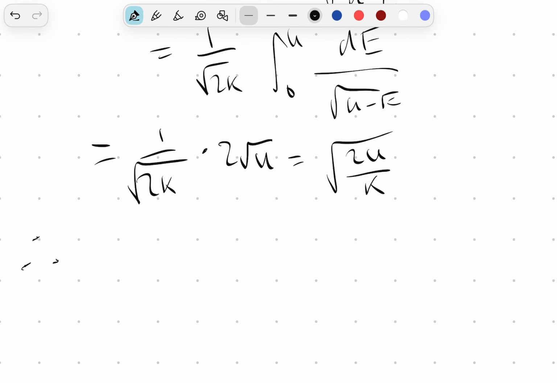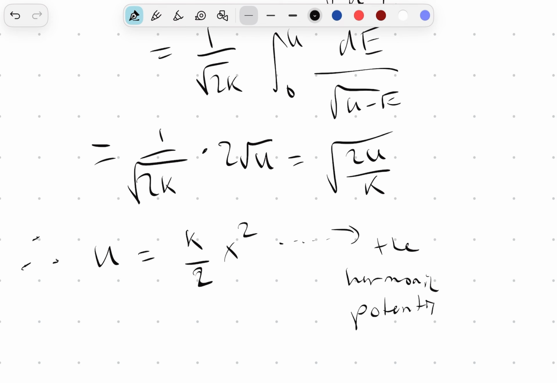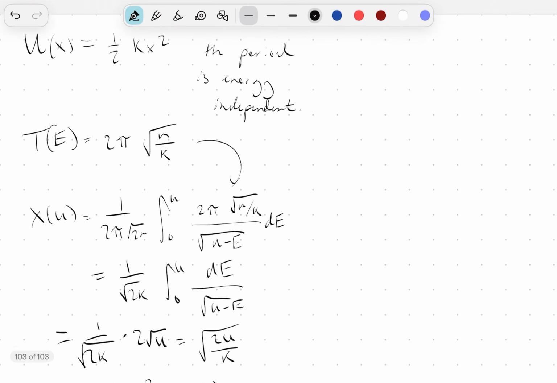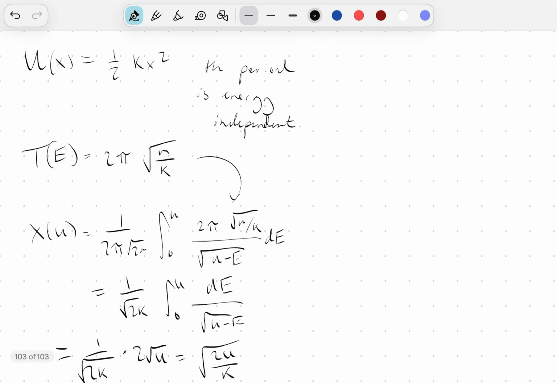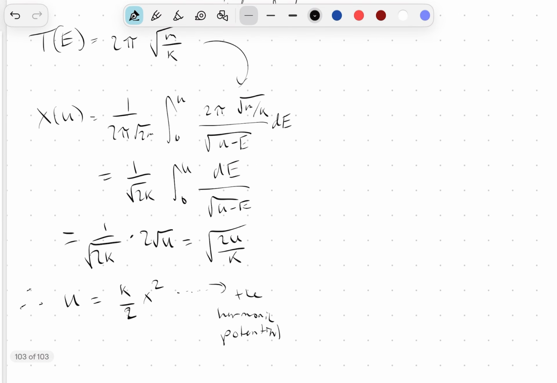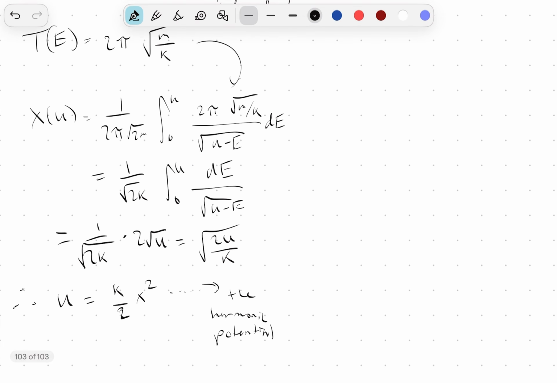Therefore, u is equal to k over 2 x squared, which is the harmonic potential. All right. So that does work exactly correctly.